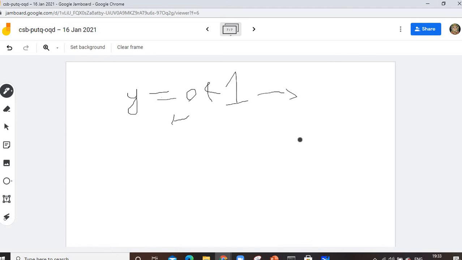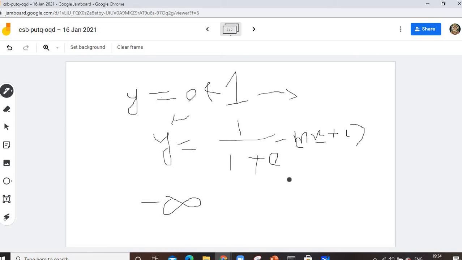How? For example, the function is y is equal to 1 divided by 1 plus e to the power minus (mx plus c), and this should be in a bracket. Here x can be from minus infinity to plus infinity, because it is a continuous number.